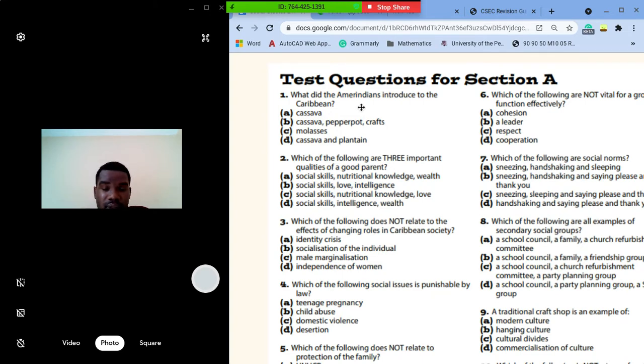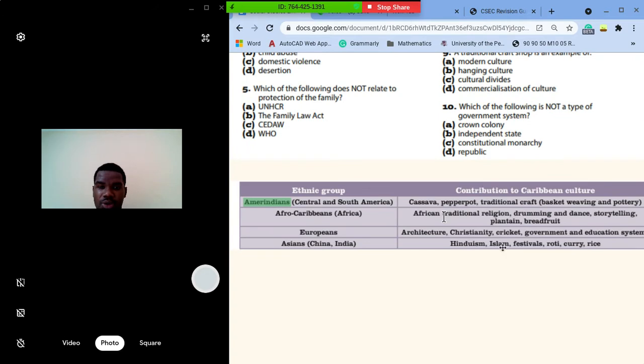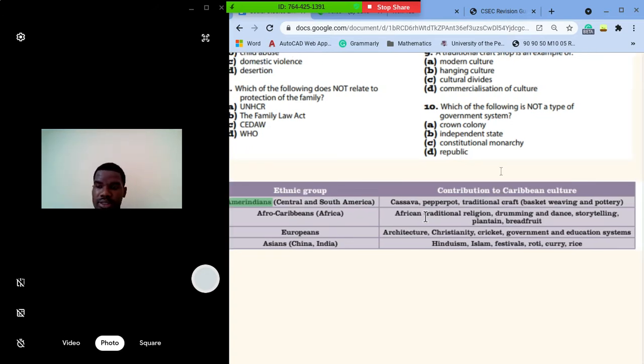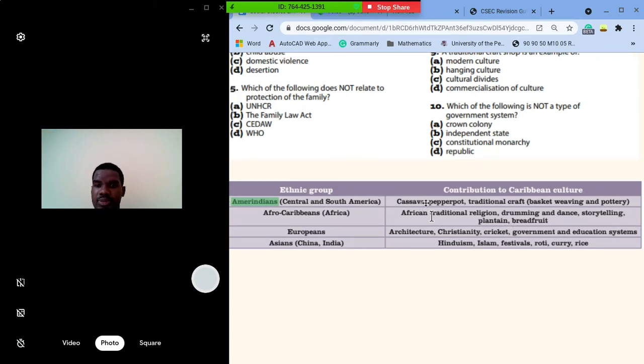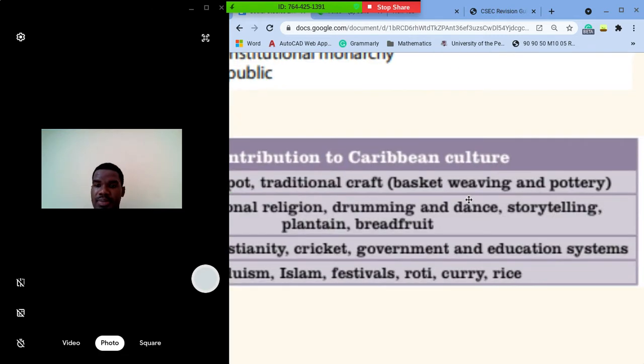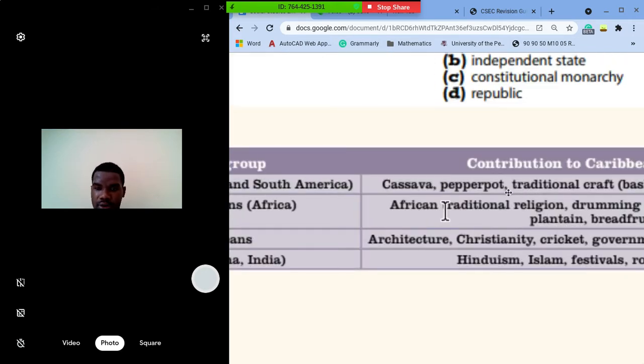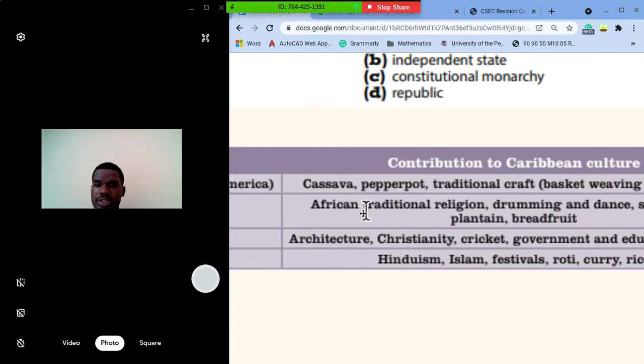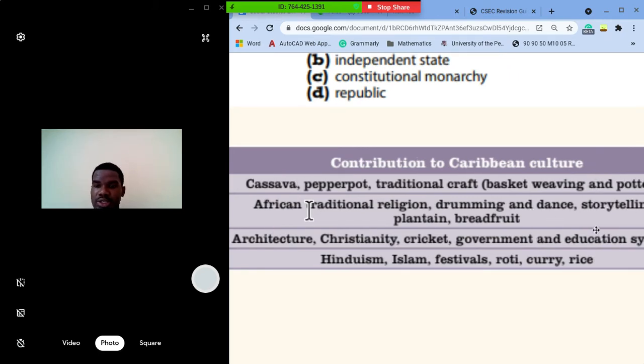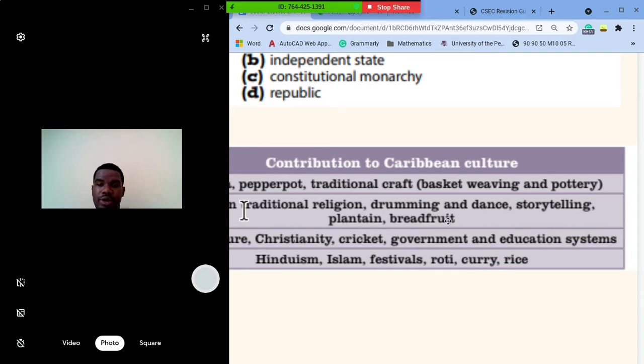It would be B. And I got an extract to show you the different ethnic groups and what they carry to the Caribbean. So in your spare time, I want you to take this down. Alright? So for the Amerindians, they contributed cassava, pepper pot, traditional craft, which means just basket weaving and pottery. For Afro-Caribbean, Africa, they contributed African traditional religion, drumming and dance, storytelling, plantain, and breadfruit.